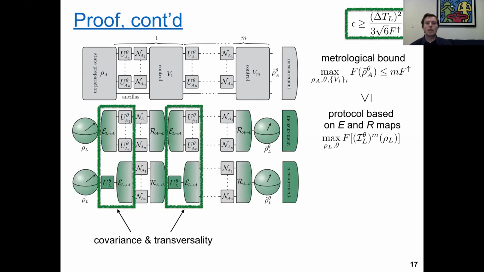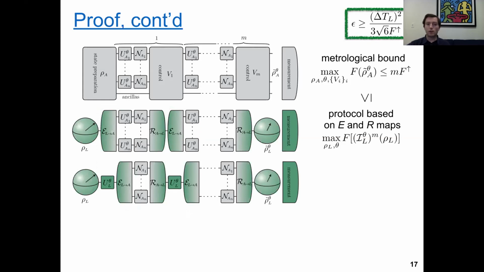Now we use the assumption that the code is covariant and it has transversal gates. So we can push the unitaries from the physical level to be a unitary on the logical level. Basically, the middle panel and the bottom panel are equivalent, it's just that the unitary is pushed from the physical level to the logical level.